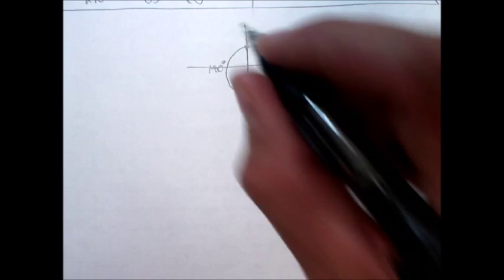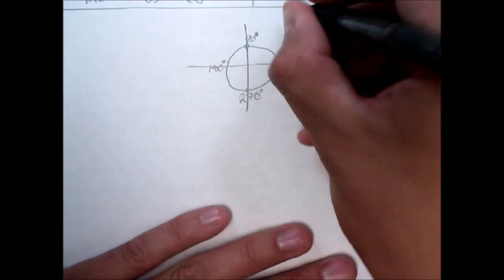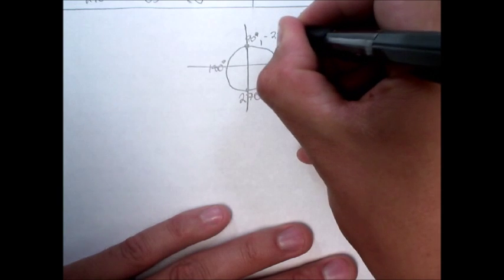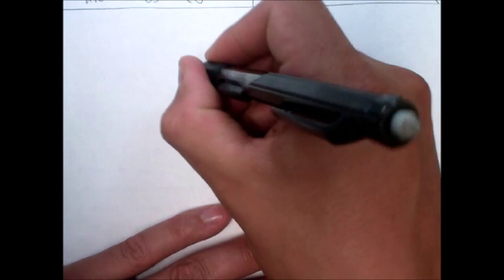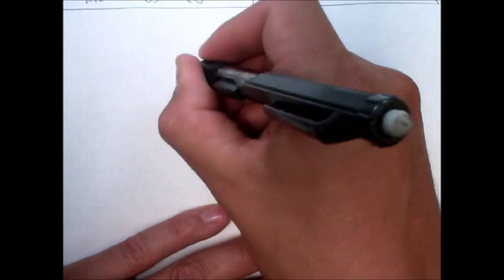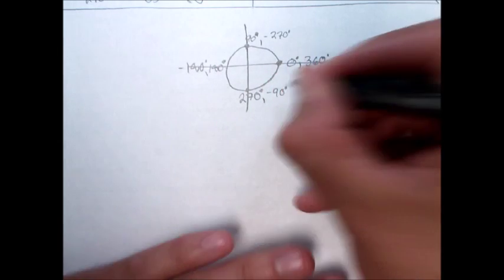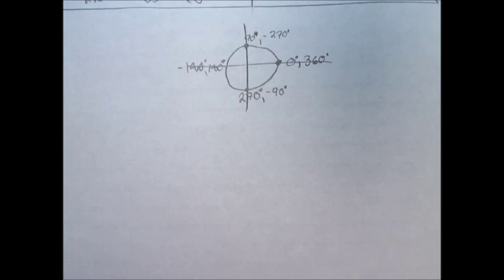So negative 270 is the same as 90 degrees. So if you want to write that in, you can. 90 degrees is the same as negative 270. And 180 degrees is the same as negative 180 degrees. And 270 degrees is the same as negative 90 degrees. Okay, they're all pretty much equivalent. Everybody should know 90 degrees. Most of you should know 180 degrees. And everybody should know 360, right?